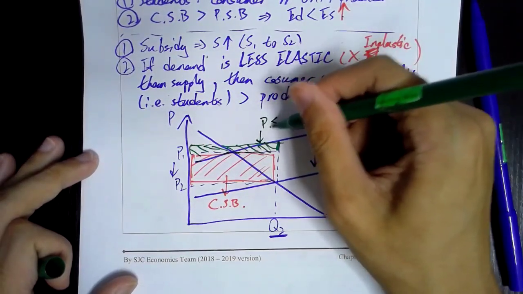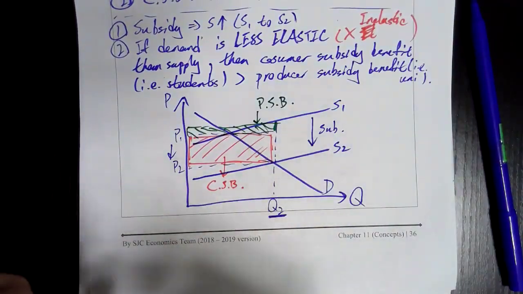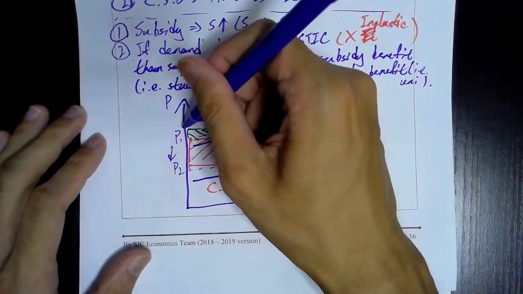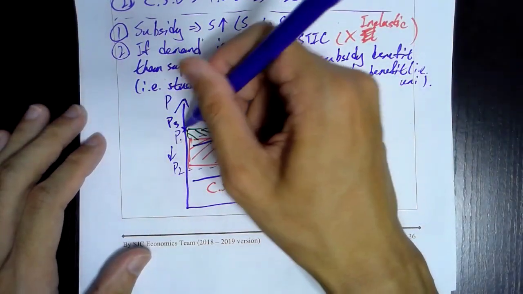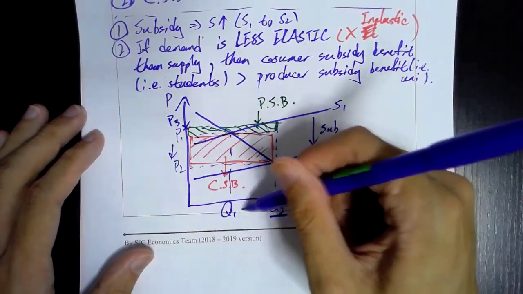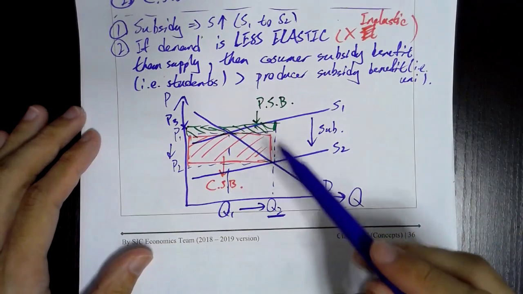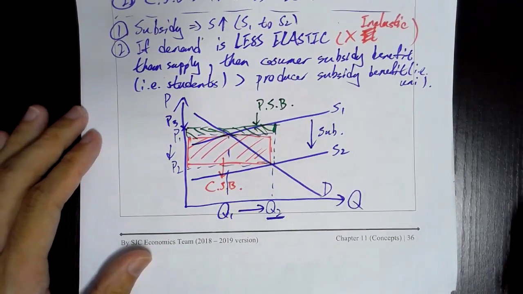This is our producer subsidy benefit. Let's check. Consumer larger than producer. We are correct. So finally, we just put in here P3, this cross, and of course, this is Q1. You see price decreases, quantity increases, and our condition is met.